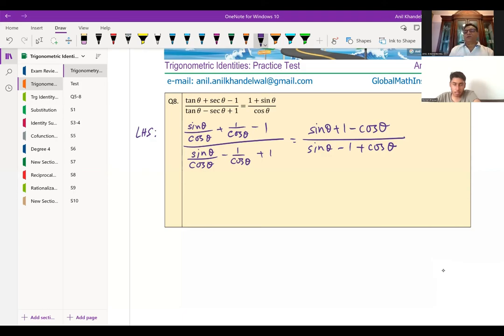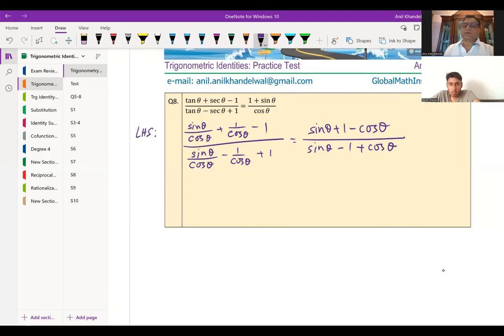So the Pythagorean identity is sine square theta plus cos square theta is 1, right? Yes, sir. So in this case, what will you do? We have sine theta minus cos theta.